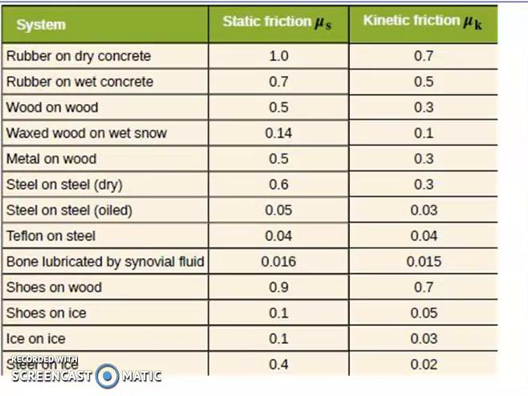Okay, and I just wanted to show you quickly a table. It's cool when you look at all these different kinds of systems going on, Teflon against steel, they're even talking about bodies there, but shoes on ice, how it doesn't have a whole lot of friction, especially compared to shoes on a wood floor. And then once you get it moving, there's a whole lot less friction.